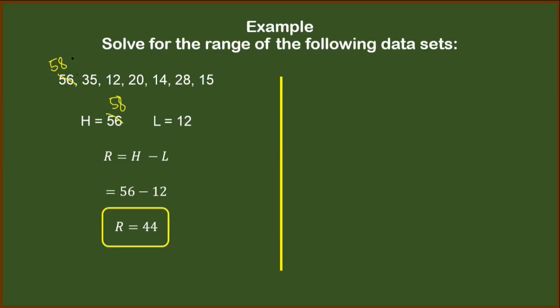So if we have 58 here as the highest observed value, then our range will be 58 minus 12. And 58 minus 12, our new range will be 46. So obviously, those two ranges are not equal.